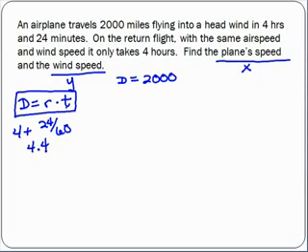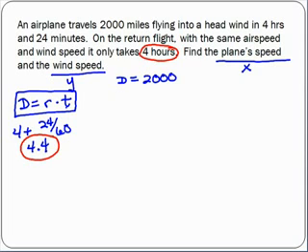Actually, let me grab my red. So here are our two times that we're going to use. And what do we know about these? If we want to set up an equation, we've got to find something that's equal, and their times are different. Their airspeed is the same, but the rate ends up being different because with one you're going with the wind and the other one is against the wind.